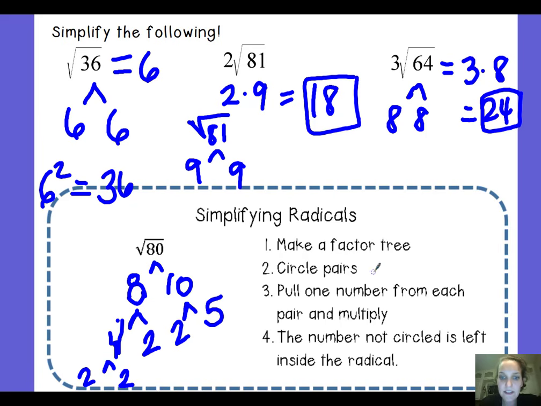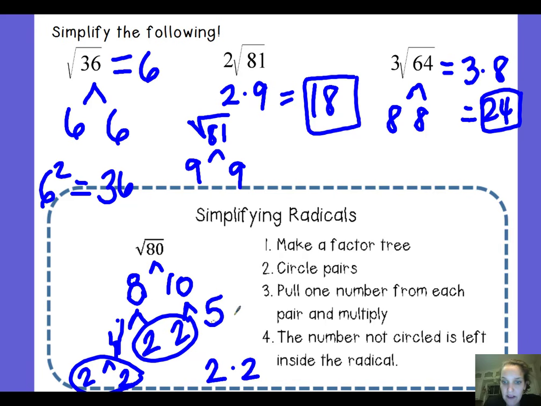Then step 2 says I'm going to circle my pairs. So I have a pair of 2's and I have another pair of 2's. Step 3 says I'm going to pull one number from each pair. So I'm going to pull one of the 2's out. Then I'm going to pull another one of the 2's out. Because I have two pairs of 2's, two pairs that I circled. And then I'm going to multiply.